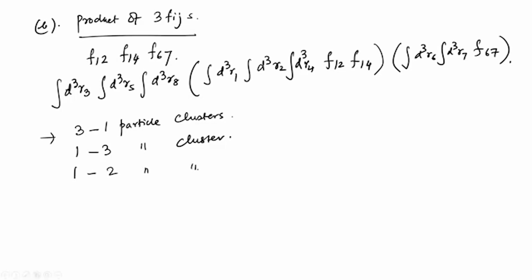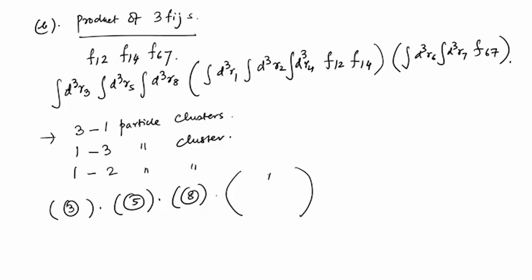If you symbolically want to show it the way we have done it earlier, we have 3 here dotted with a 5 here, dotted with 8 here, and then we have this 1 which is connected to both 2 and 4.